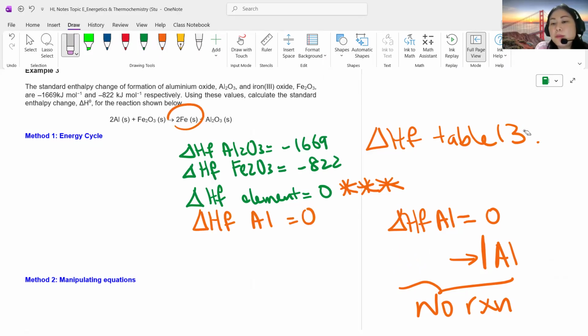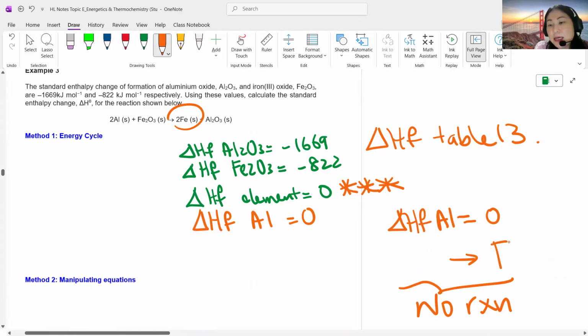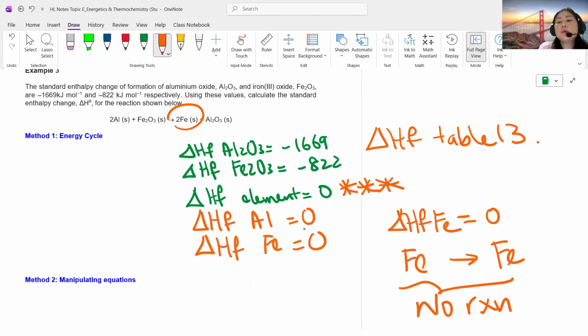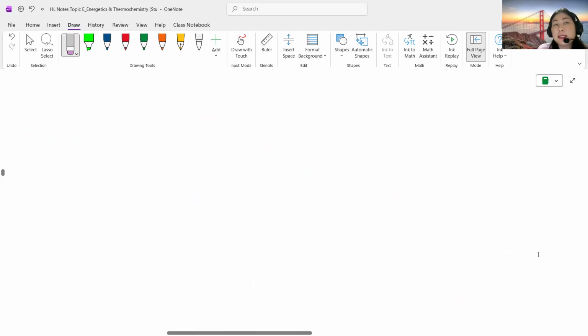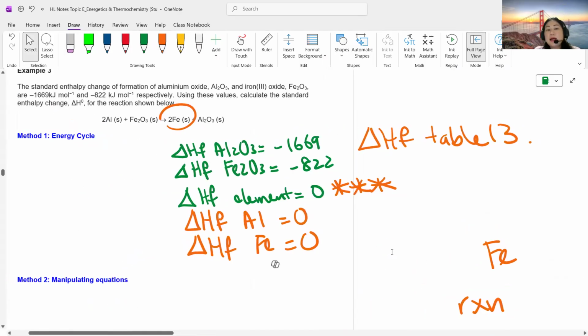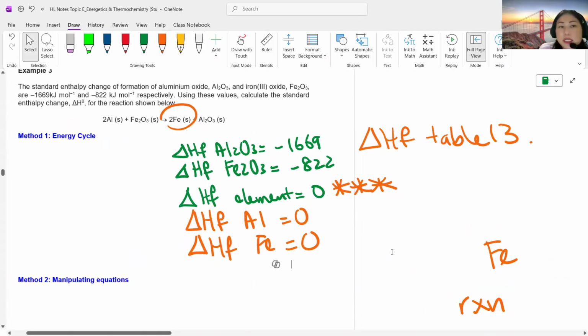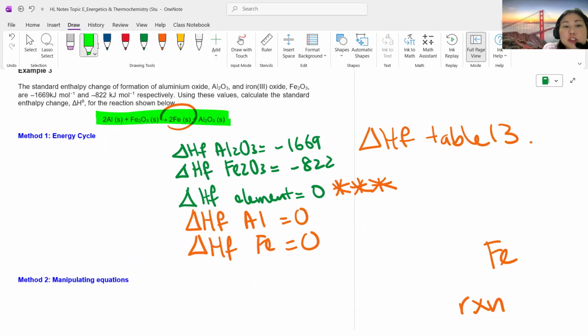I cannot form iron from iron. If I form one mole of iron from its element iron, there is no change, no reaction. So ΔHf of iron is 0. What you are seeing here is that all the data are formation data and I'm using it to solve this reaction.